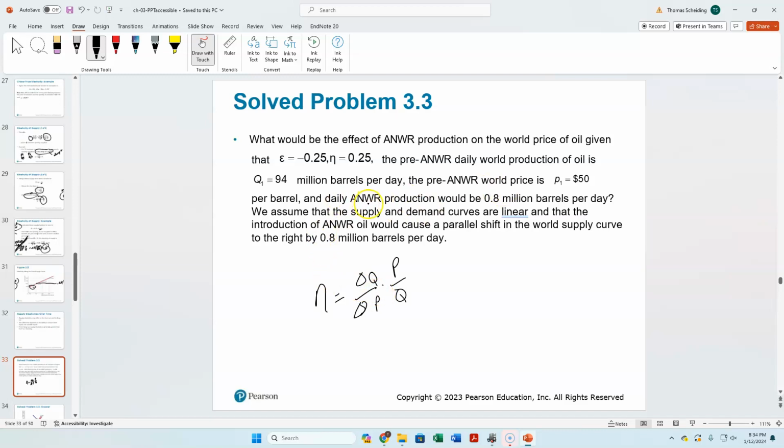If we know that our annual production is going to be 0.8 million barrels per day, that would be our delta Q. And we know our P over Q. So all that we'd be really doing here is finding out the delta P. 0.8 times 94 is 75.2.